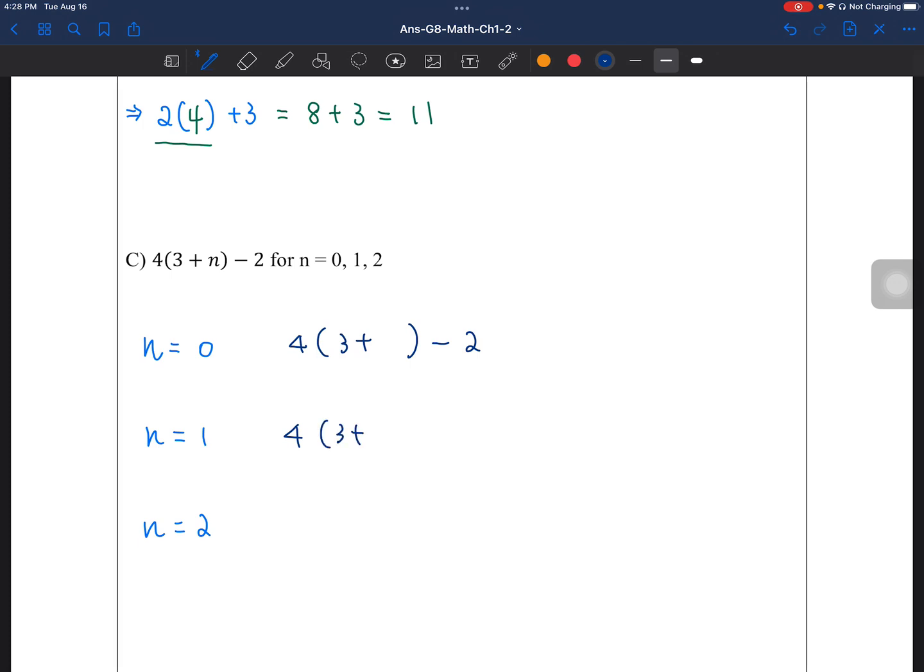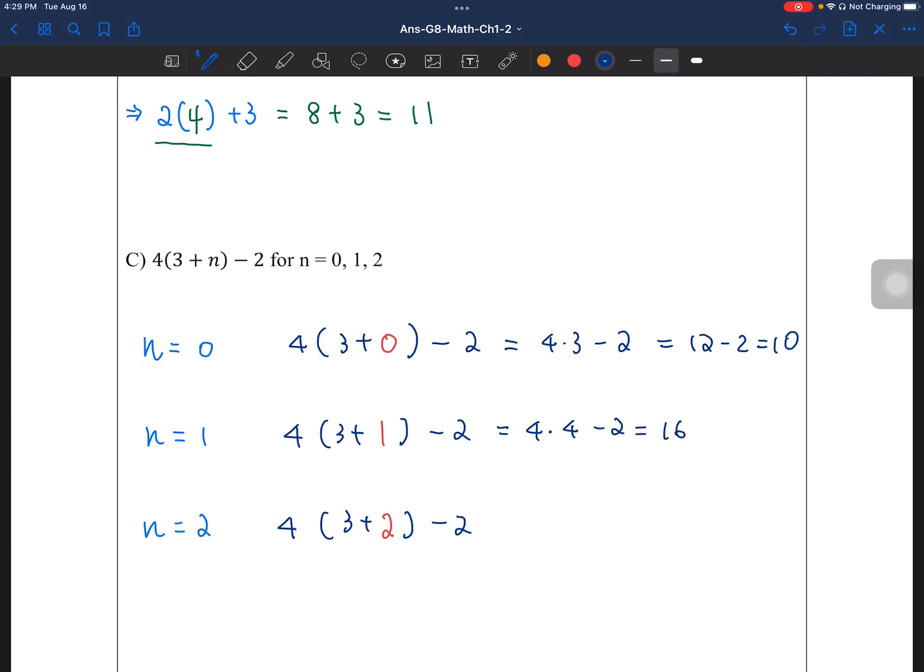When n is 0, 1, 2: 4 times 3 minus 2, 12 minus 2 equals 10. 4 times 4 minus 2, 14. 4 times 5 minus 2, 20 minus 2, 18.